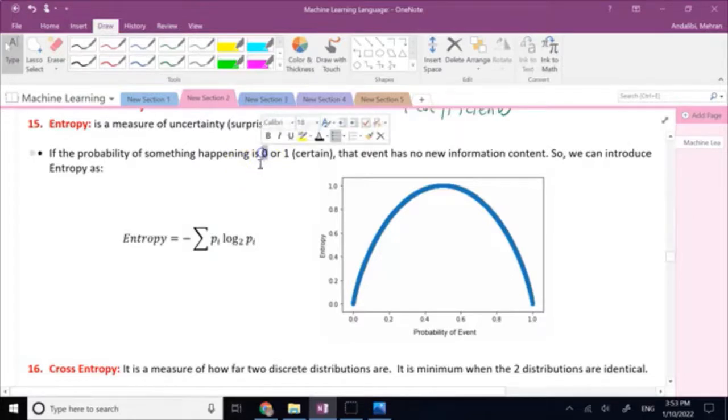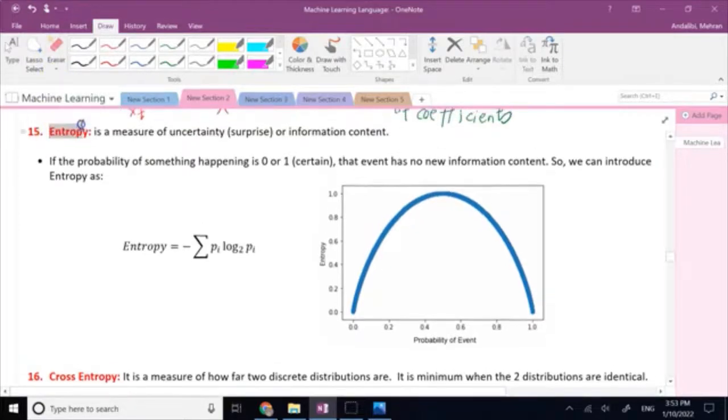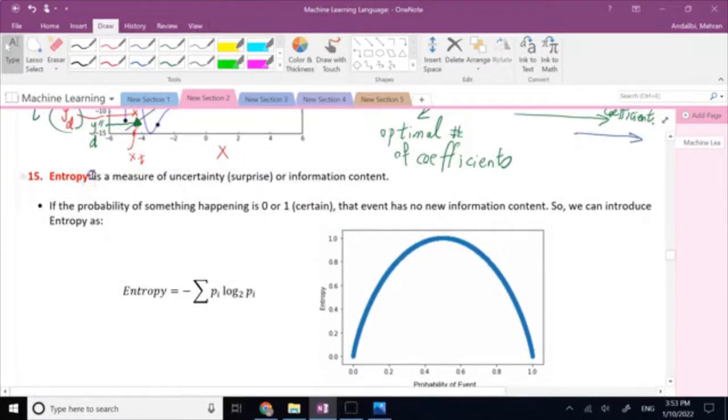The probability was 0. So the only surprise or information is in the uncertain case. In the field of information technology, which is a very huge field, that's the way they measure the amount of surprise or information content, and they call it entropy because we have another entropy in thermodynamics.